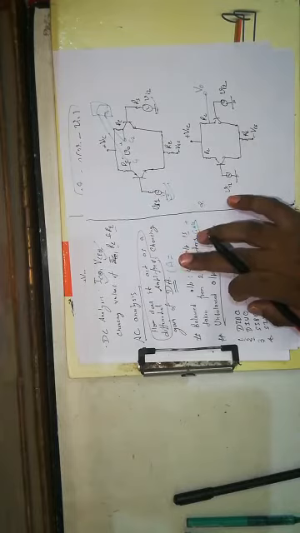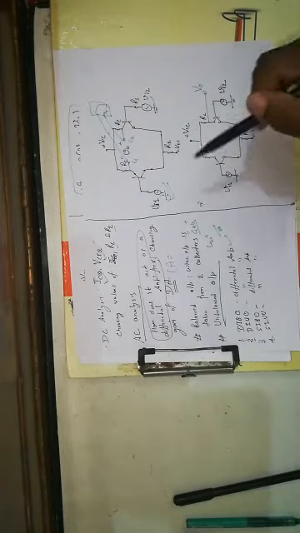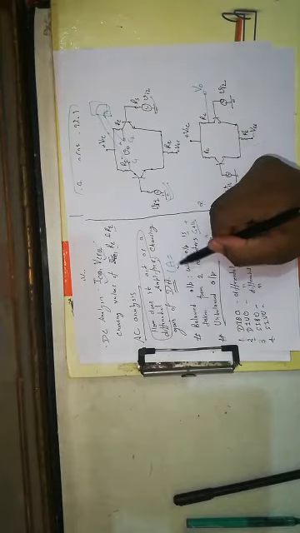We do some kind of modeling by the re model, and then we calculate A. As I already told you, the quantitative analysis is not in our syllabus and is out of our scope, so we will not discuss that. But qualitatively, what is done in the AC analysis is that we find the gain A.